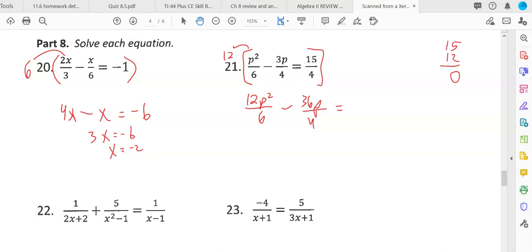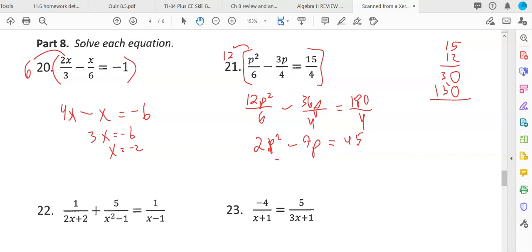So that's 1 and 3, 5 and 1, so 180. So 180 over 4. So that should also cancel. It cancels nicely. So this is 2p squared minus 9p equals 180 divided by 4 is 45.